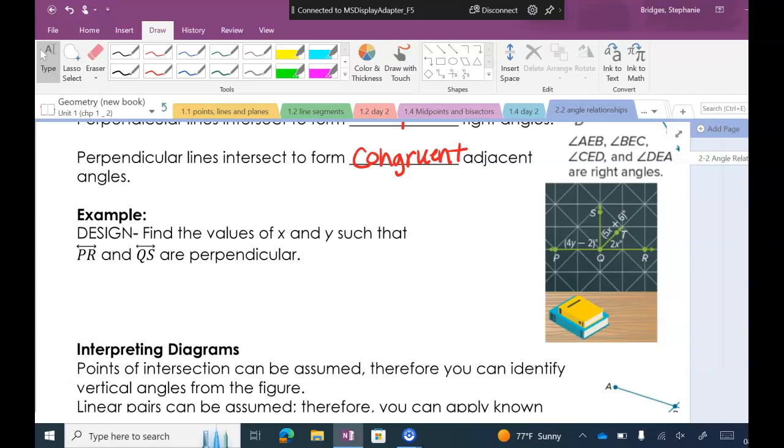So first of all, I'm looking at what it tells me. It says we're going to find the values of x and y so that PR and QS are perpendicular. Okay, here's PR. Here's QS. We want them to be perpendicular, which means they're going to form right angles. Let me do that in a different color.